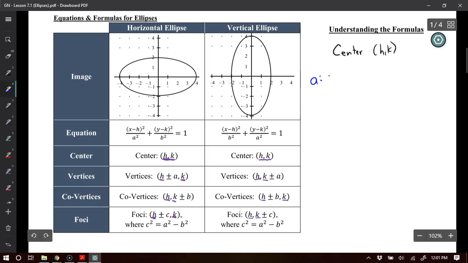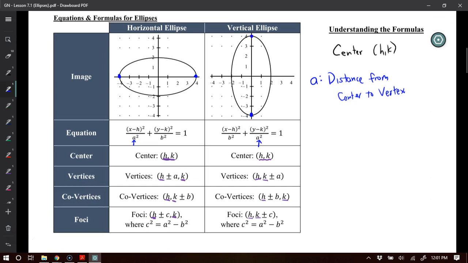A, in words, is going to be the distance from the center to a vertex, which is why A is under the X for horizontal, because these would be your vertices, and A is under the Y for the vertical, because these would be your vertices on it.